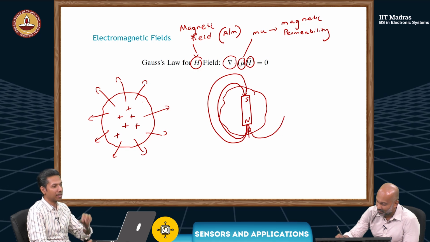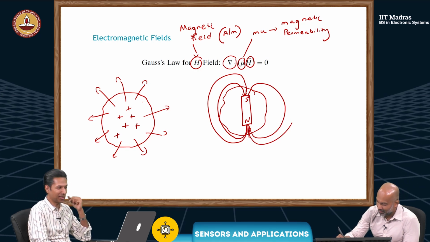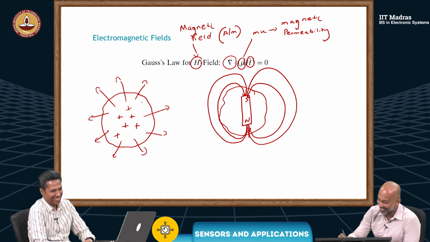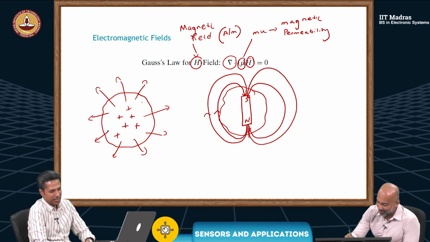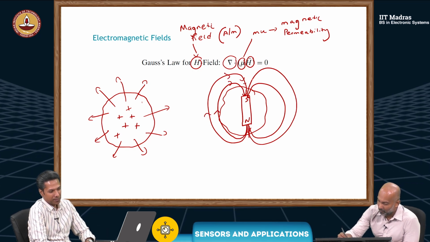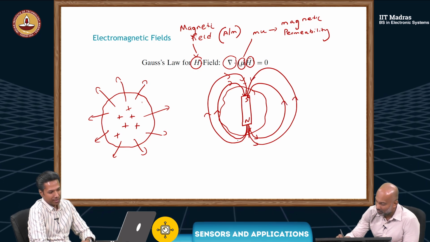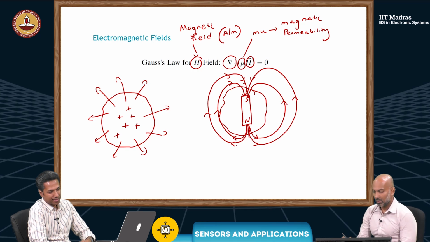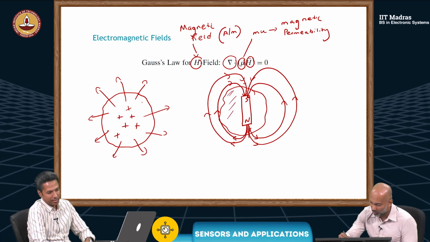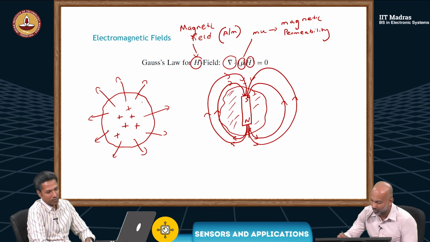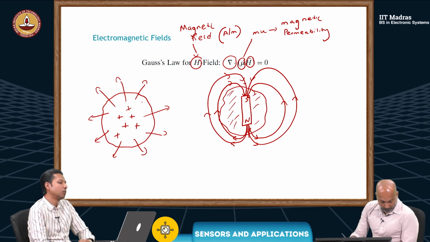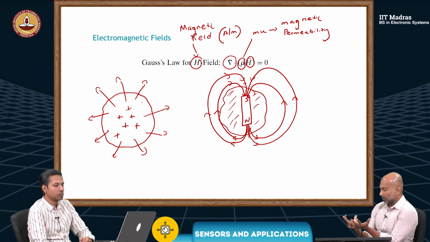So you are comparing electric field and magnetic field. Yes. Sorry, this is the surface we're talking about. And let's say it's a closed surface.